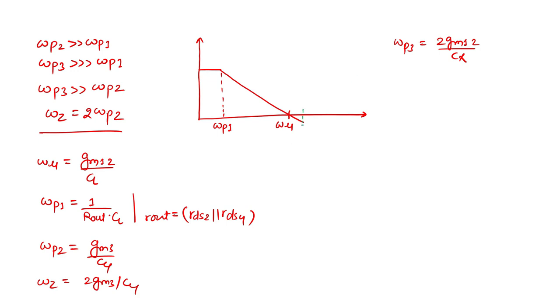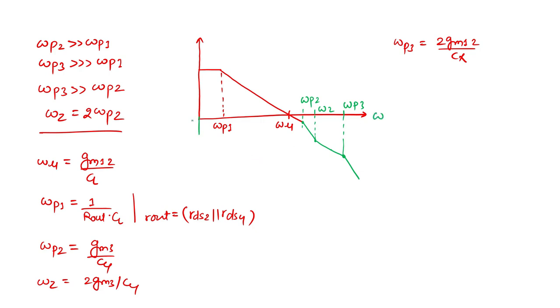Somewhere here I'll get omega P2, so the slope will now be less, and after that somewhere here will be omega Z, the slope will again recover to -20, and after a long time there is some sort of omega P3. This is exactly the Bode plot that we are looking at here.